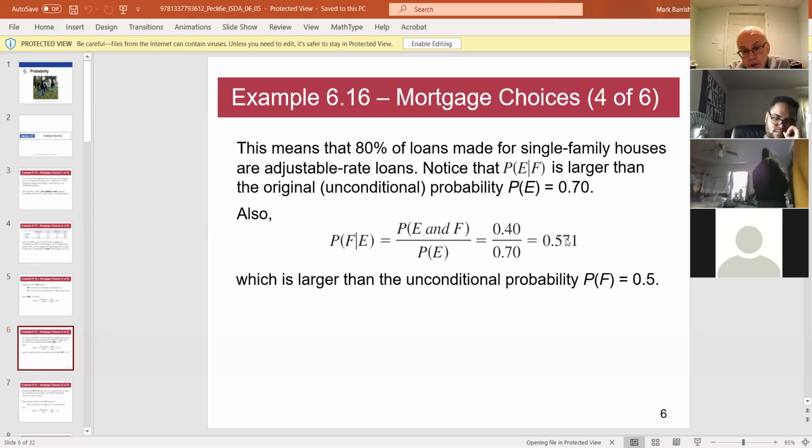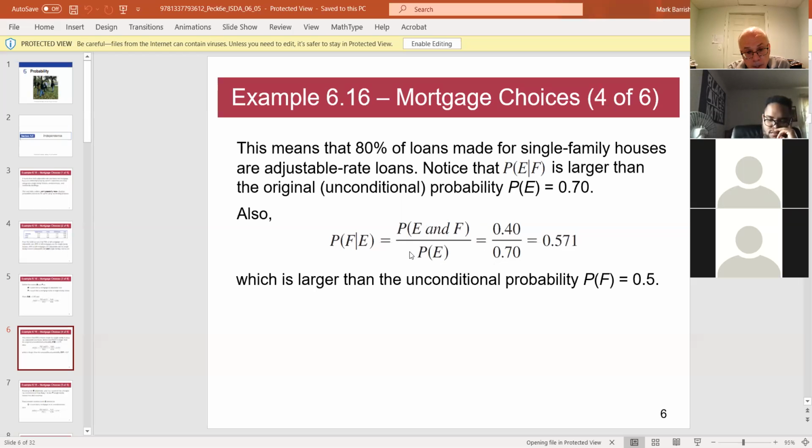Notice the probability changes when we know that it's adjustable rate, which is E here. Notice it increases the probability of it being for a single family home.